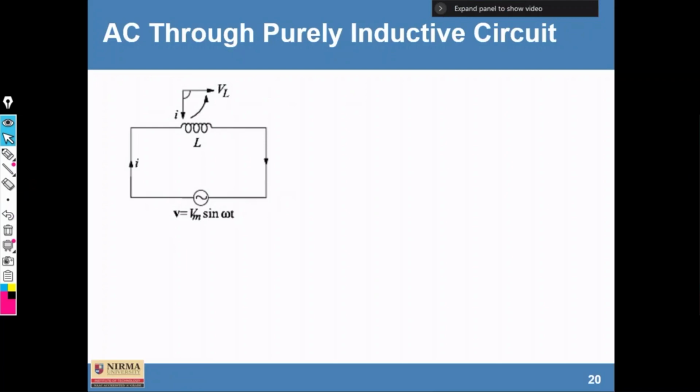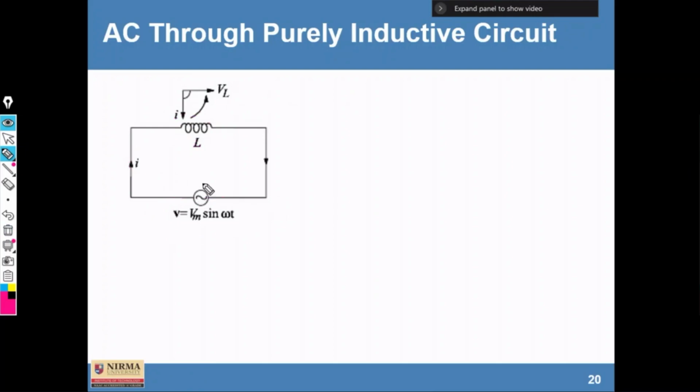Now, a purely inductive circuit, where the source voltage is V is equal to Vm sin omega t, and an inductor is connected. Where there is an inductance, the amount of current is flowing. So only the inductor is connected, and we can find the equation of current I here.